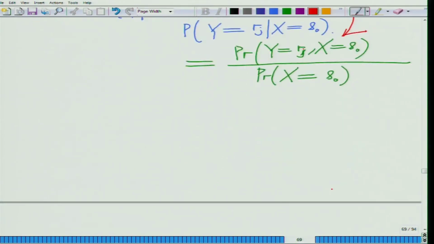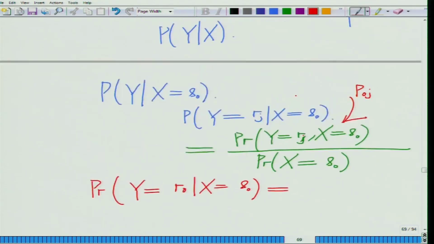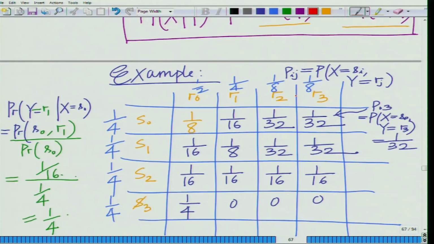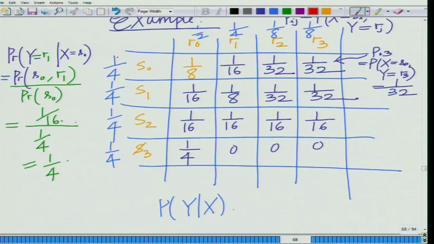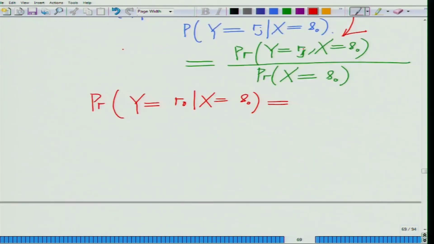So, we see, for instance, probability of y equal to R0 given x equal to S0 is the probability of R0 S0, that is 1 by 8, divided by the probability x equal to S0, that is 1 by 4. So, this is 1 by 8 divided by 1 by 4 equals half.